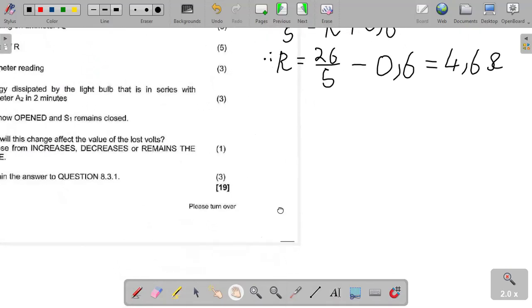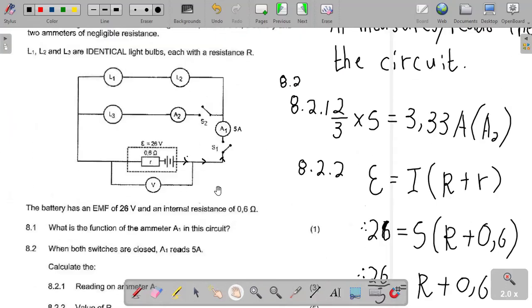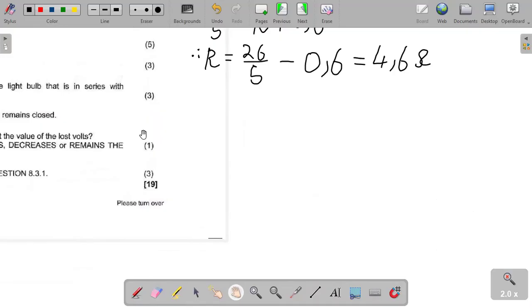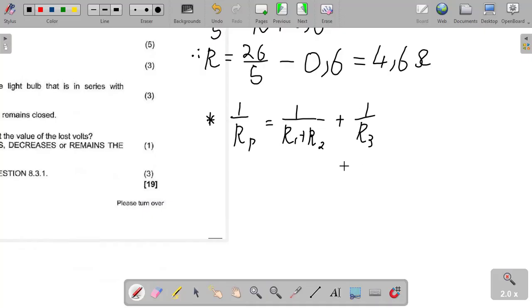We know that this is a parallel connection, isn't it? This is a parallel connection. There are 2 resistors that side and 1 resistor the other side. So now what we're going to do here is say 1 over Rp equals 1 over R1 plus R2, and then plus 1 over R3.